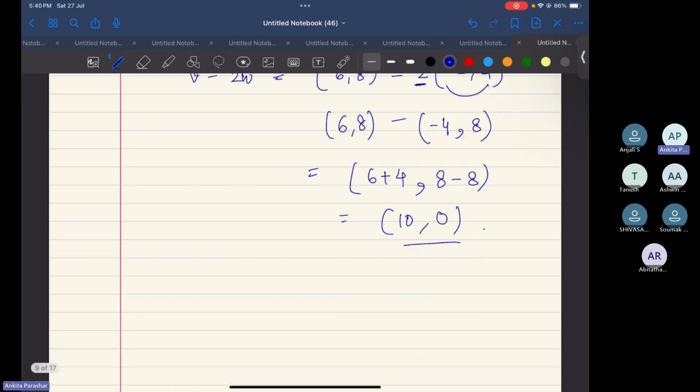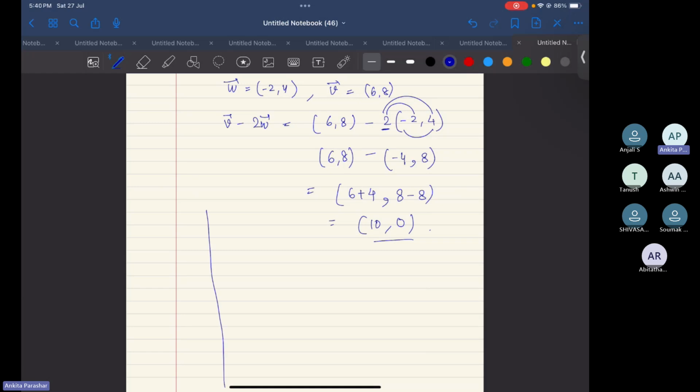Or you can also do it geometrically. You can simply draw your vector v. v is nothing but 6 comma 8, so somehow this is my 6, 8.